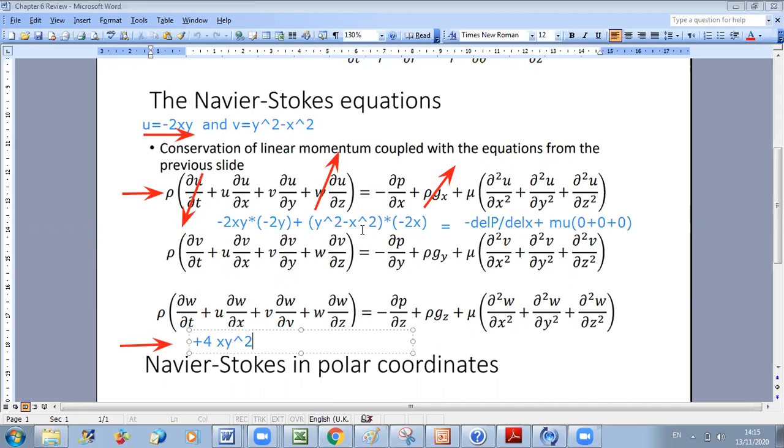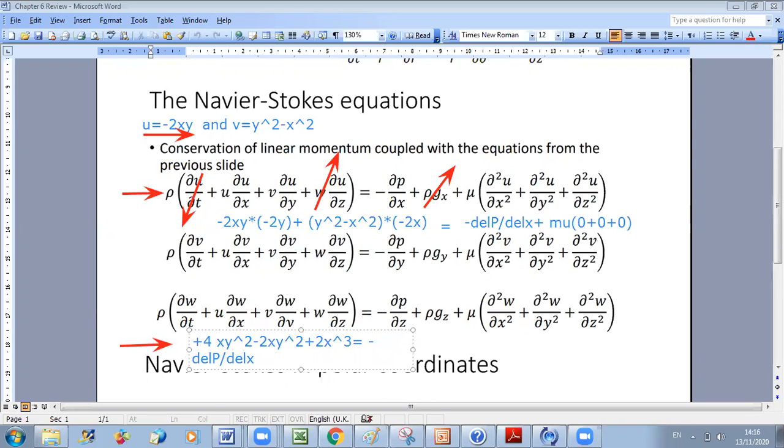And for this term, if I do the expansion, I have minus 2xy squared minus 2x times y squared, and plus, because minus minus, so it's plus 2x cubed, equals minus del p by del x.